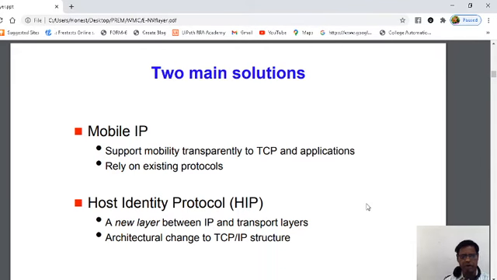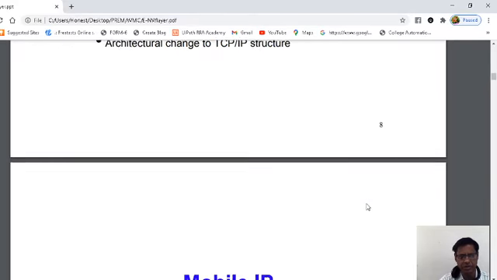About Host Identity Protocol, that is HIP, it is a new layer between IP and transport layers, with architectural changes to the TCP/IP structure.